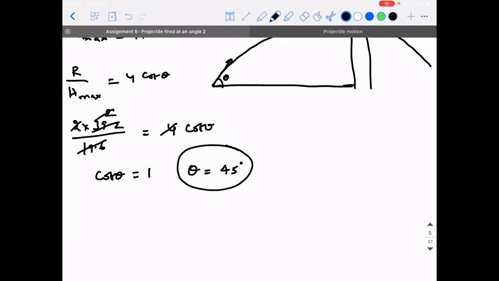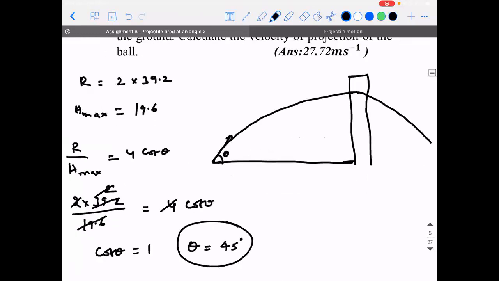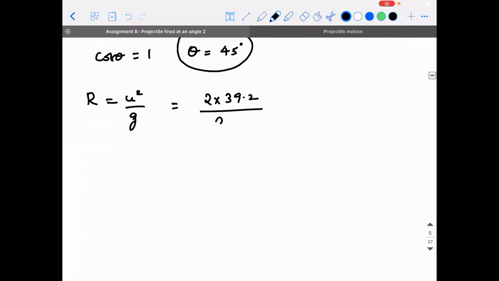When theta is 45 degrees, can we apply the formula R is equal to U square divided by G? Because that is the maximum range possible. So U square is 2 into 39.2 divided by G, which is 9.8. But it's not coming, no?